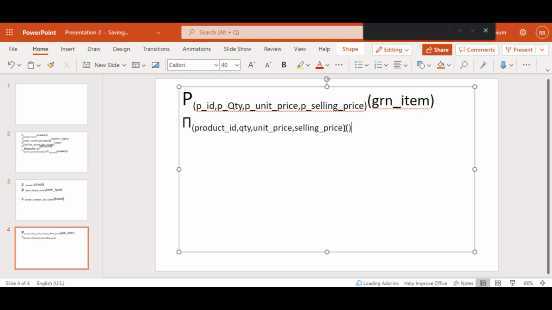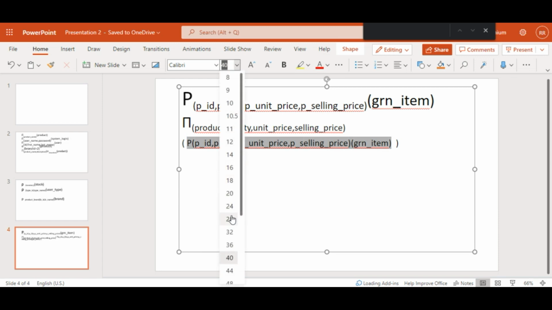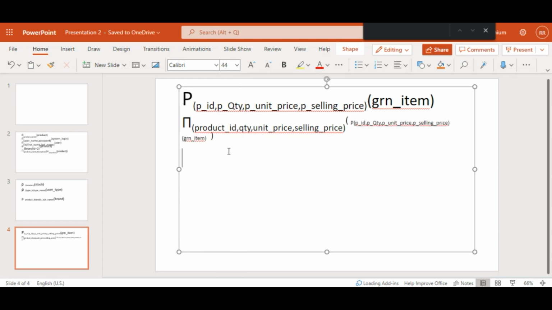This would basically represent the table name, and it does the renaming process also, like this.